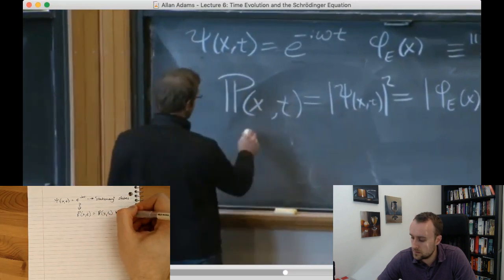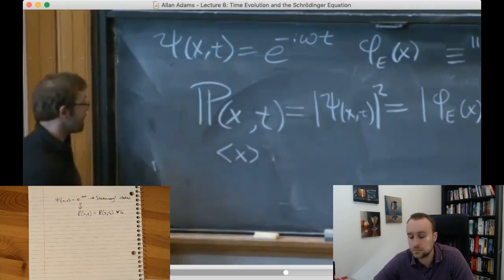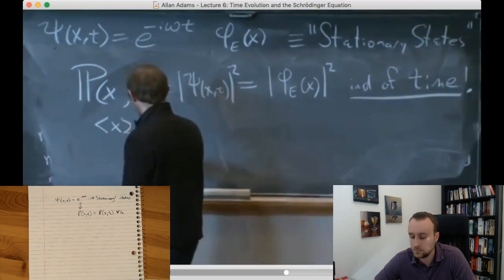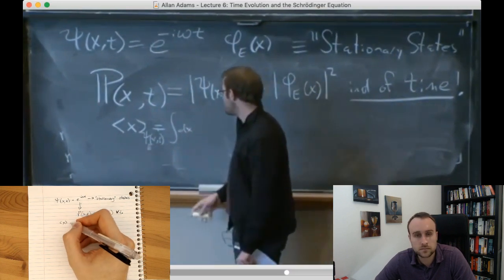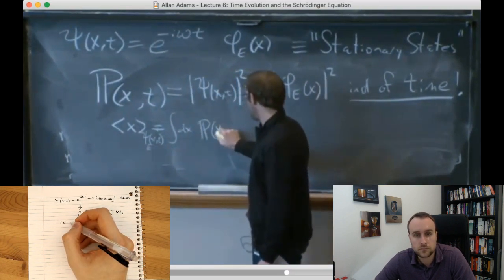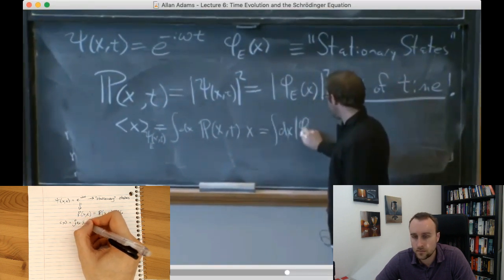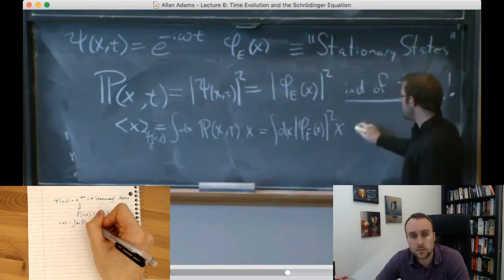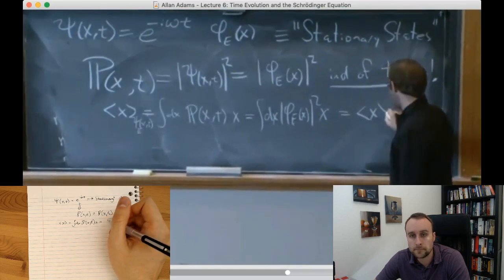Notice this consequence. What can you say about the expectation value of the position as a function of time? Well, this is equal to the integral dx, the integral over all possible positions, of the probability distribution times x. What this is equal to is the integral dx of phi_E of x, norm squared, times x. But that's equal to the expectation value of x at time 0.